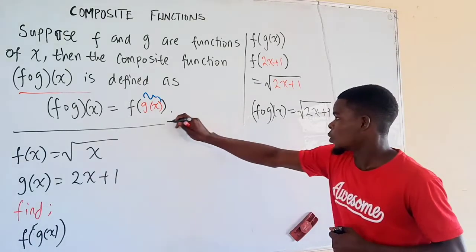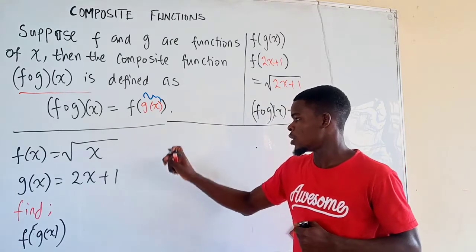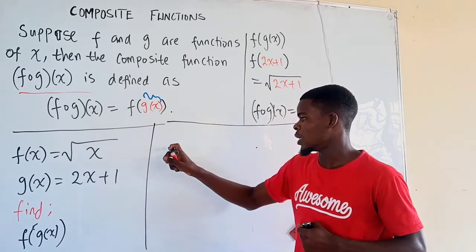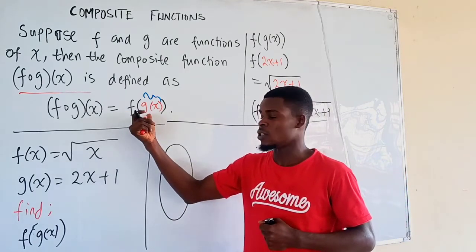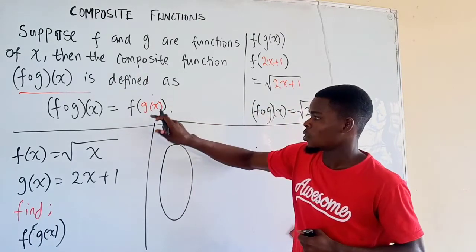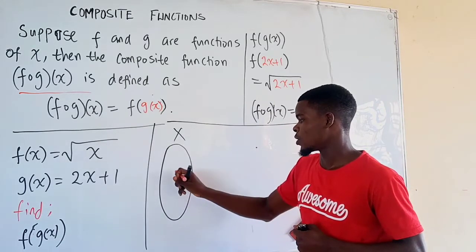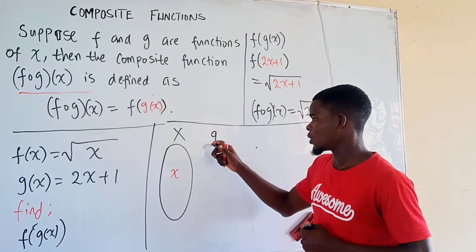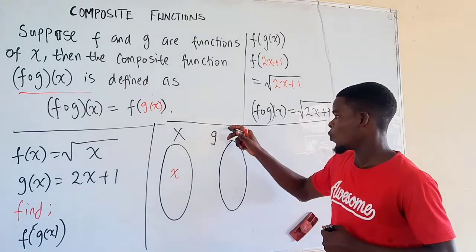Good. Now I want you to notice something. When we're talking about a function, I can show you as a mapping. So let's say this is a function g. Let's start with the domain of g, considering f and g. g acts on element x. So let's say this is a set that contains some element called x. Good. So the function g now takes the output to y.